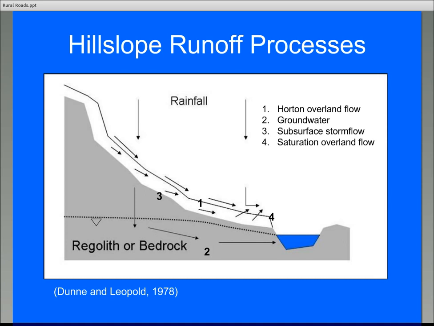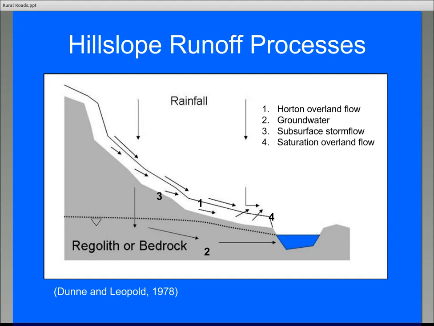The second type of runoff process is groundwater. That's basically everything under the water table, and it's saturated all year round. And the third type is subsurface storm flow, which is also referred to as transient groundwater. Basically, as the water table fluctuates, some of that area is called the beta zone.